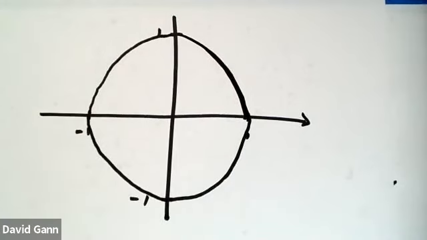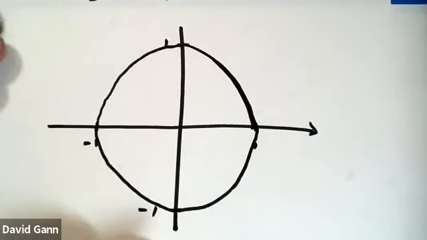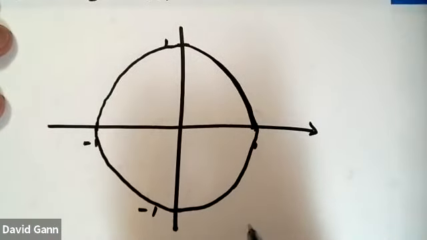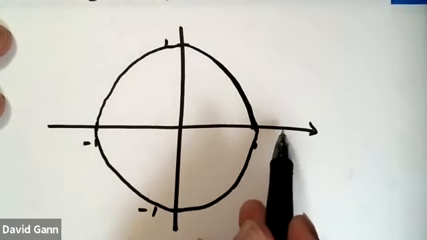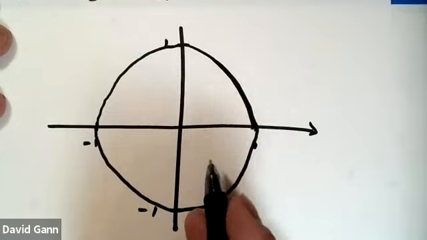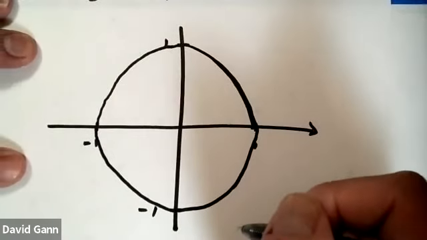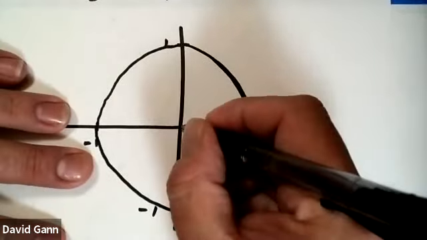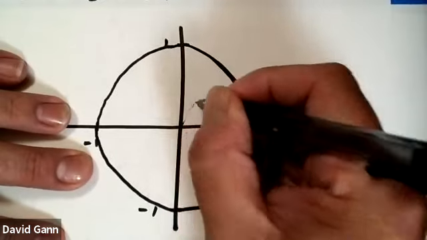Okay, so I'm going to use a thinner pen so that you can see these. We would like to consider an angle that's superimposed on this coordinate system. So consider an angle in quadrant 1.